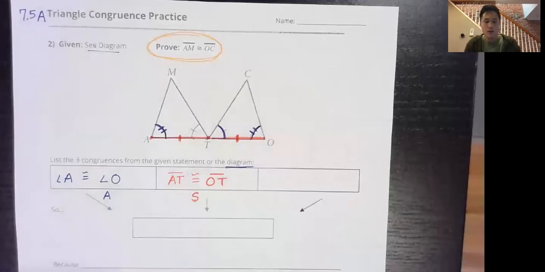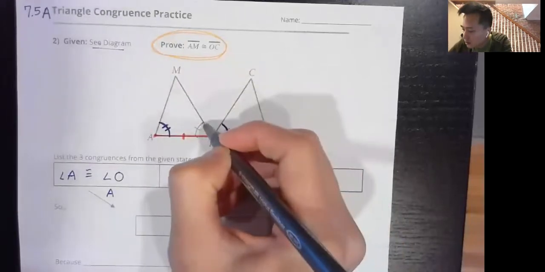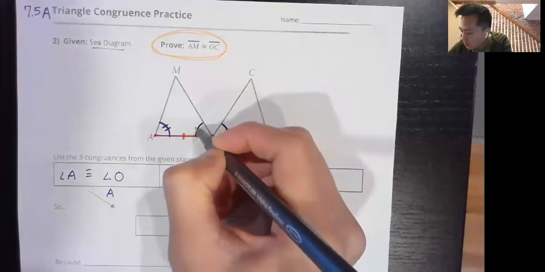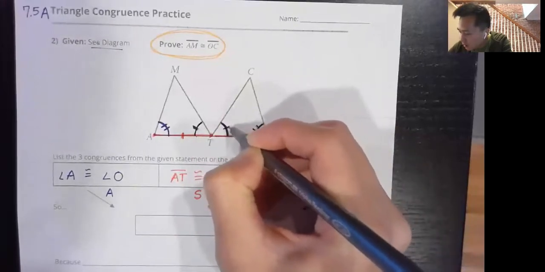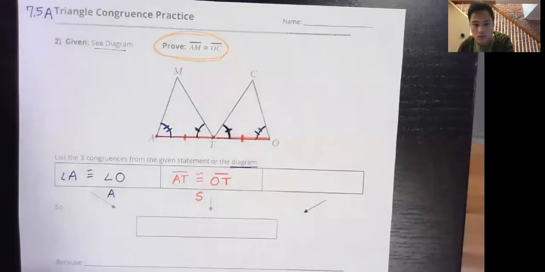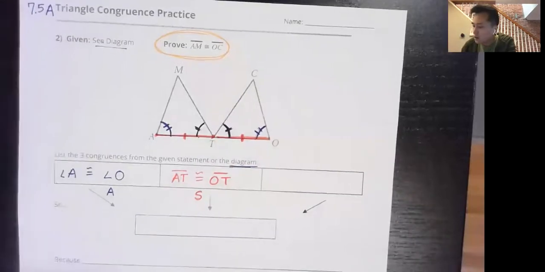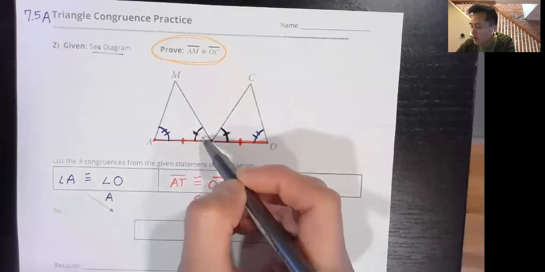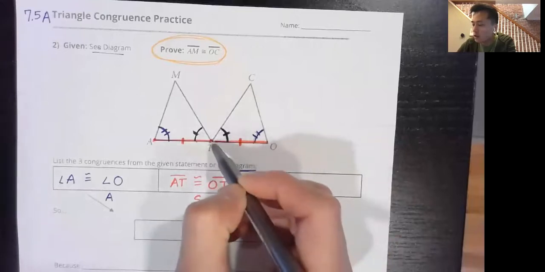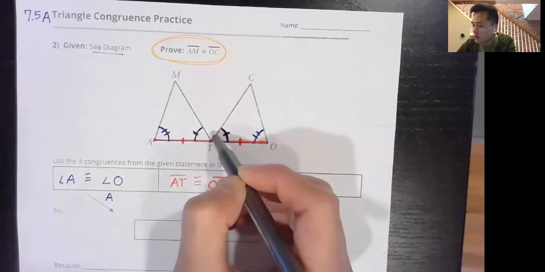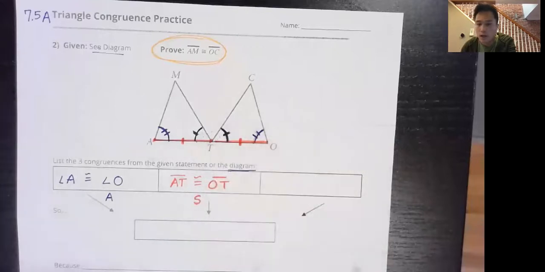And the third thing that's marked as congruent is this angle here, which appears right here. On the triangle on the left, I'm not just going to put angle T, because it's not clear which of these 3 angles I'm talking about.